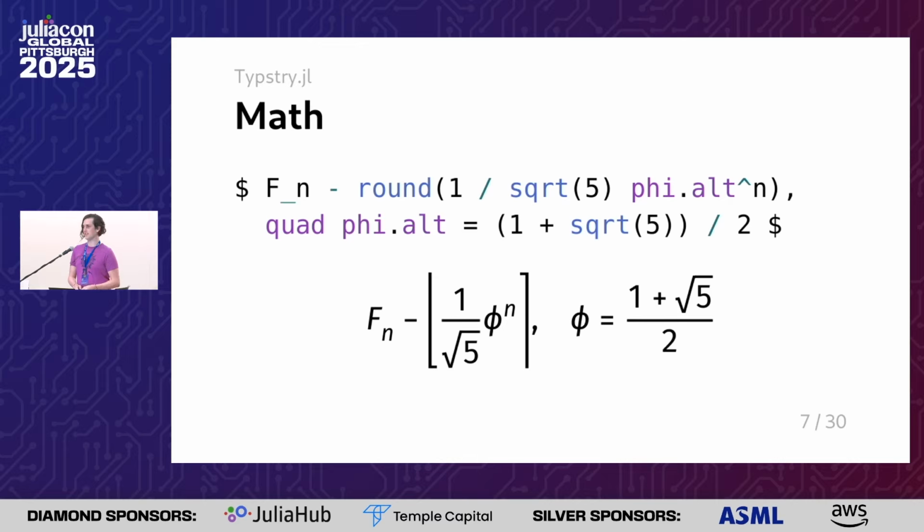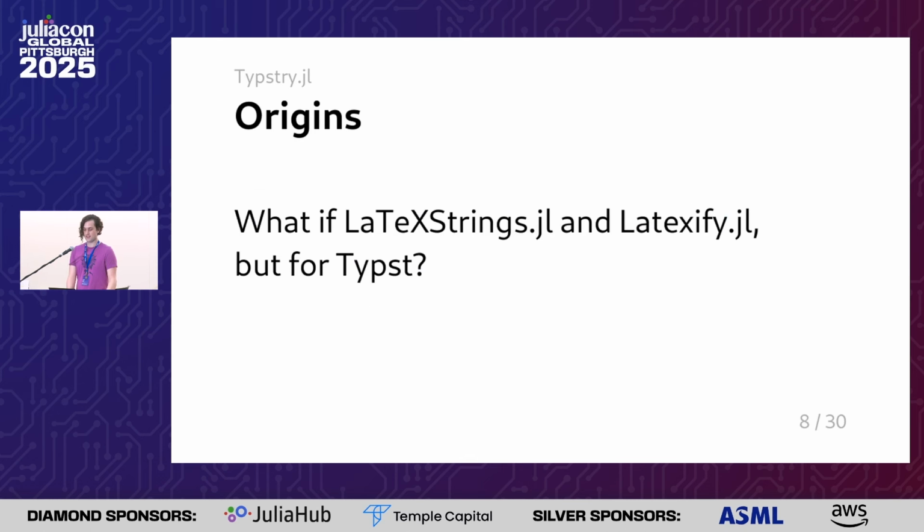I think we've had discussions in Julia about how we want to write our code as close to the formal languages as possible, and really close the gap between our code and the math and the domains that we're working in. And I think this helps out in that sense.